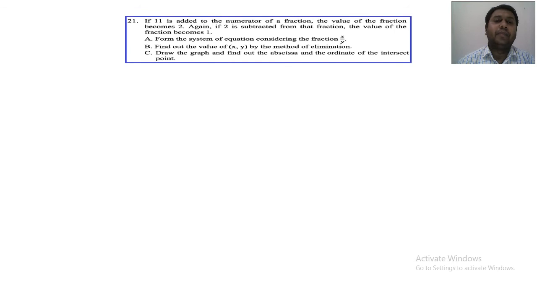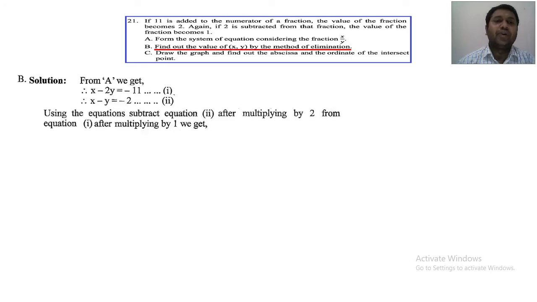Now B, what does it tell us? Find the value of x, y by the method of elimination. So it tells you which method we are going to use, that is the elimination method. So here is the solution. We get equations 1 and 2 from A. From those, we multiply equation 2 by 2 and then subtract.